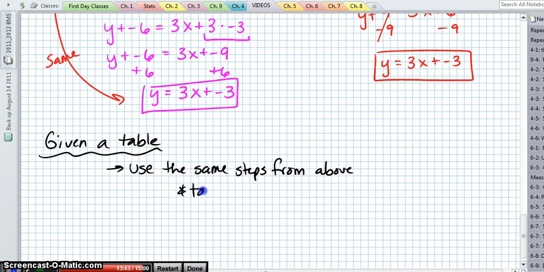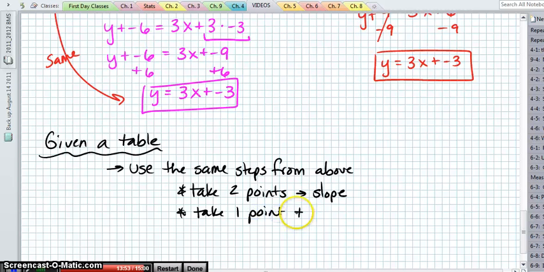So take 2 points and calculate the slope, and then take 1 point to put into y minus y1 equals m, x minus x1.